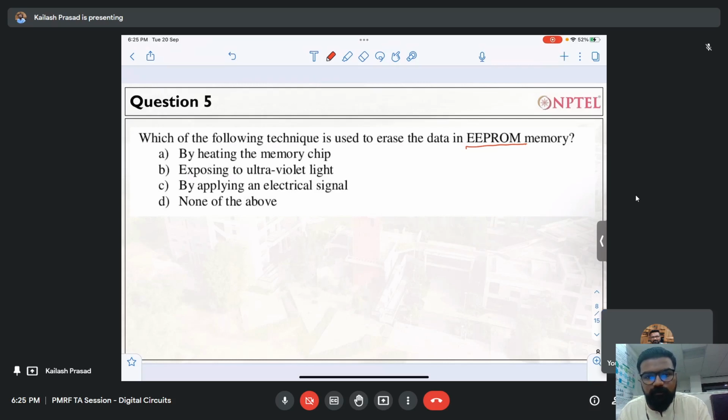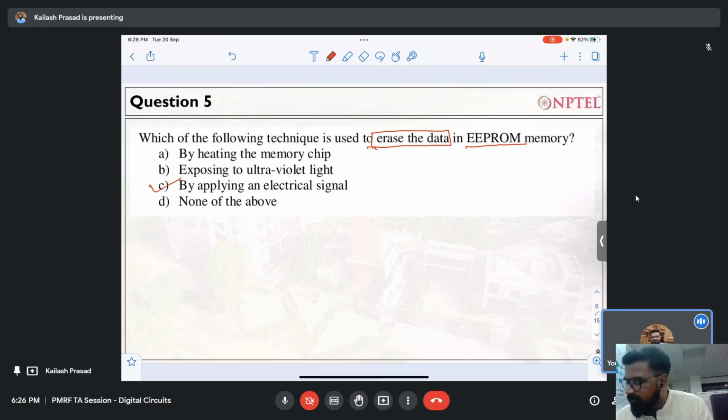Electrically erasable PROM. So the name gives the answer, right? How do you erase the data? By applying an electrical signal. Okay, so this is the answer to this question.